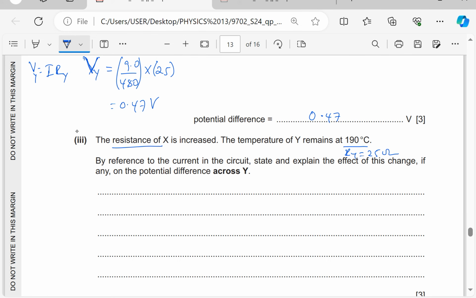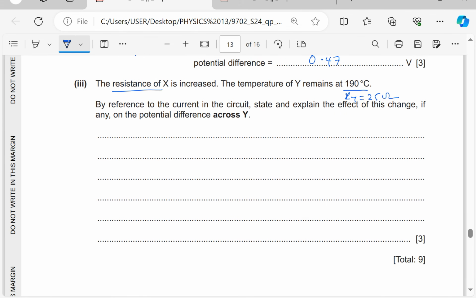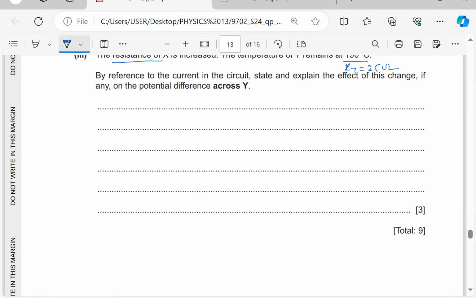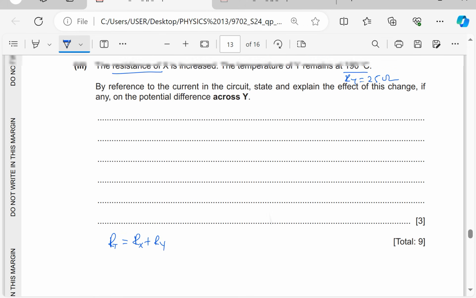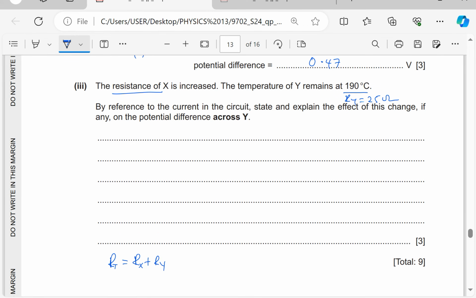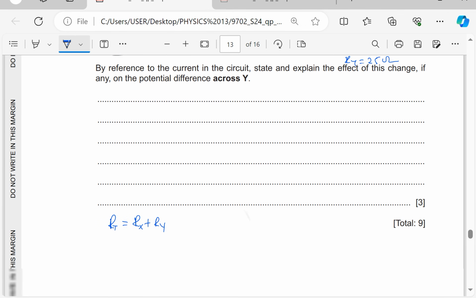By reference to the current in the circuit, state and explain the effect of this change, if any, on the PD across Y. So I'll do the mathematics here for us to understand. First of all, total resistance is equal to the resistance of X plus the resistance of Y. The resistance of Y has not changed, the resistance of X has increased.